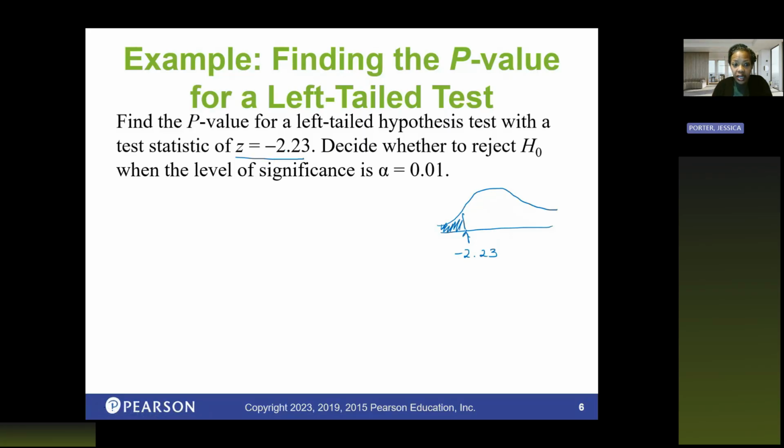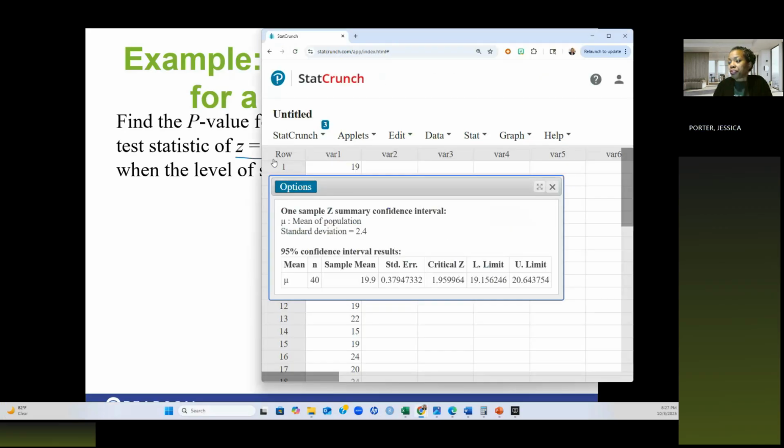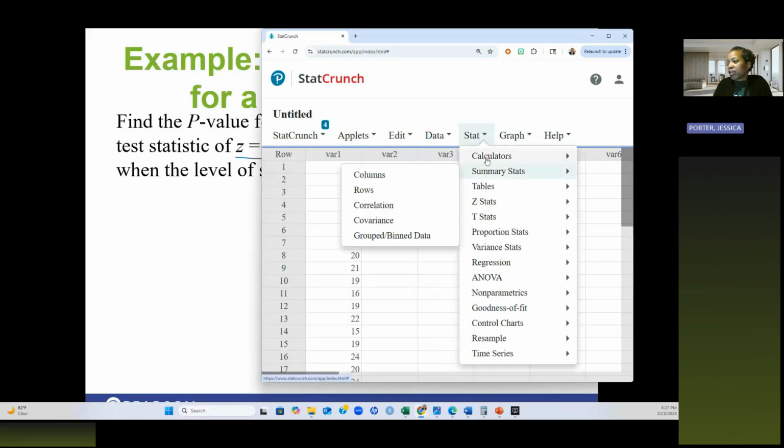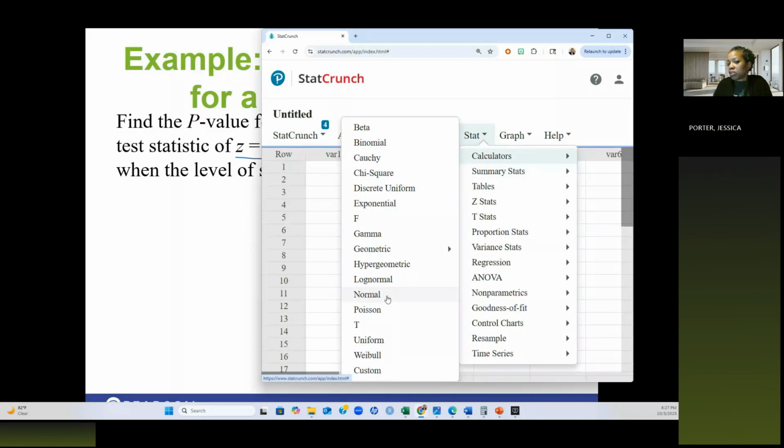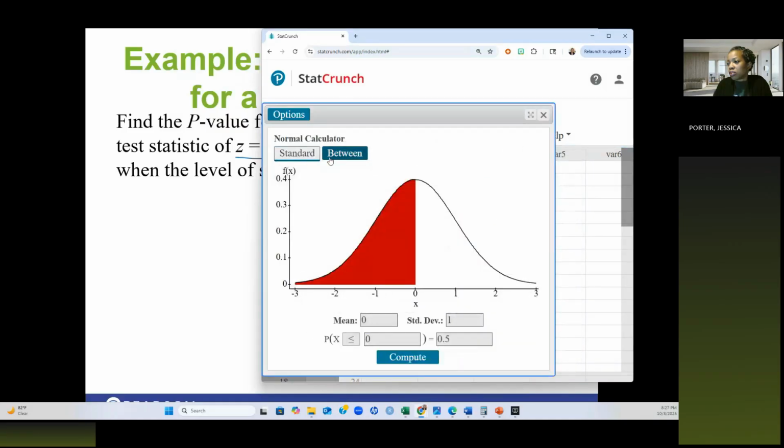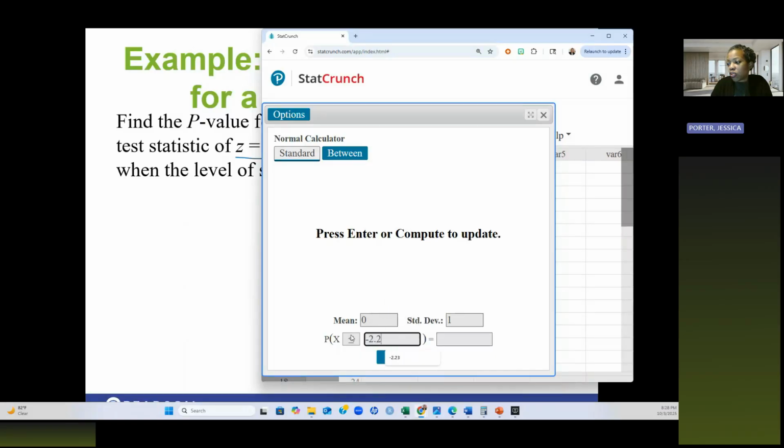So let's go back to StatCrunch. Stat, Calculators, Normal. We got our less than, and then our z value is -2.23.